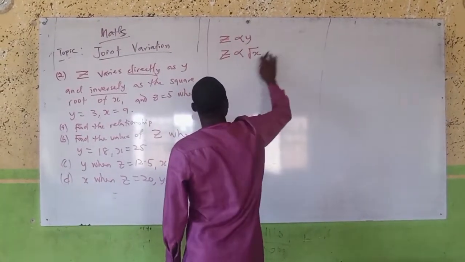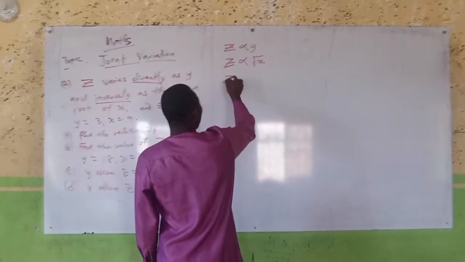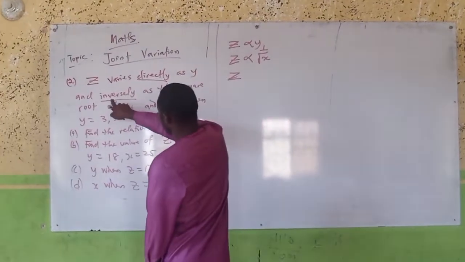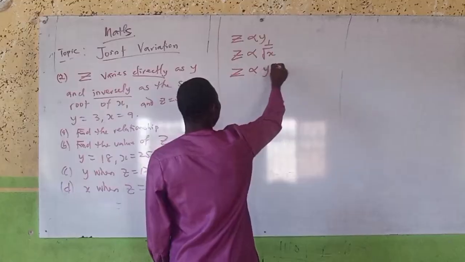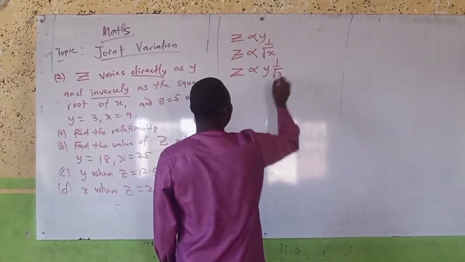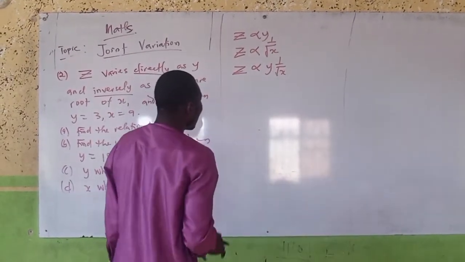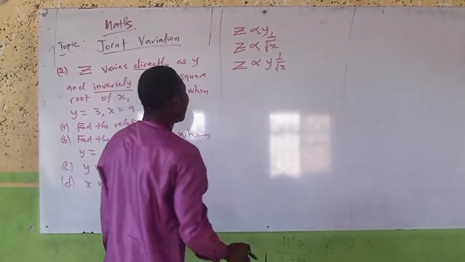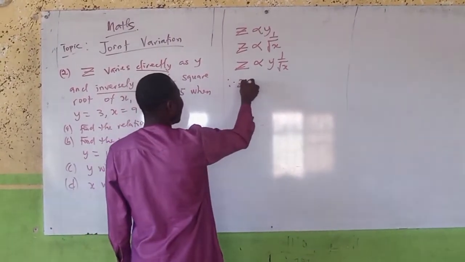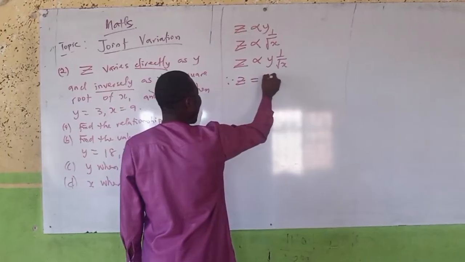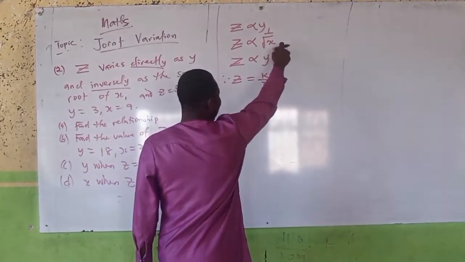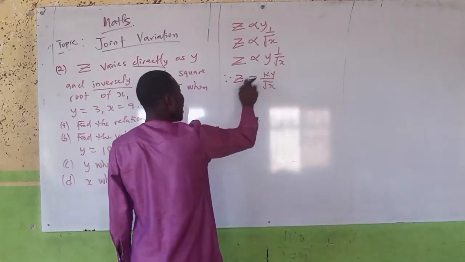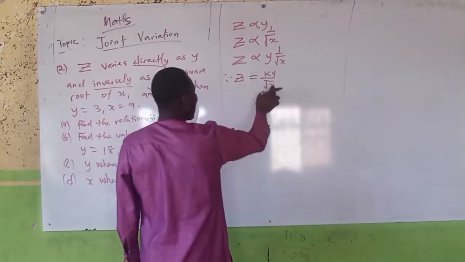When we combine these two together, z varies directly as y times 1 over the square root of x. This is a combination. At this point, therefore, z equals ky over the square root of x. We all know this one, that's y times 1 times k, and by the time we change it to an equal sign, over the square root of x.